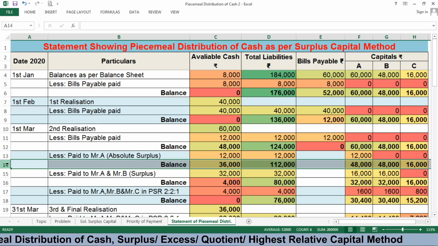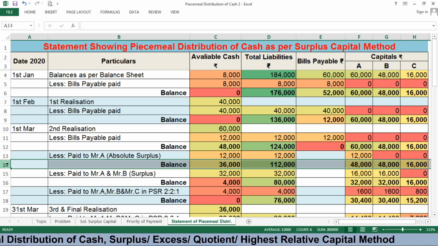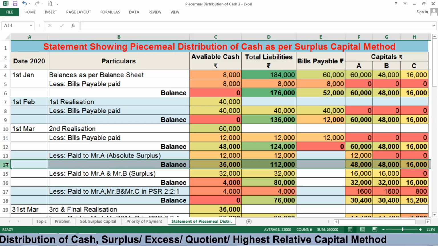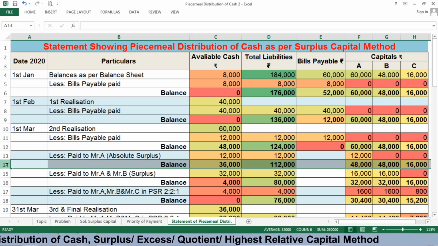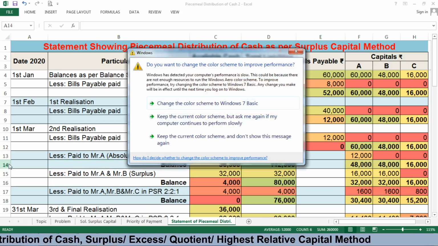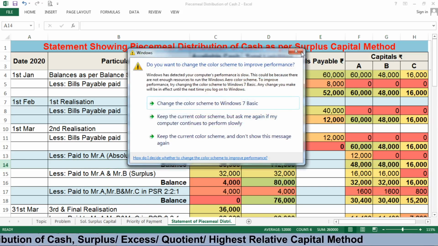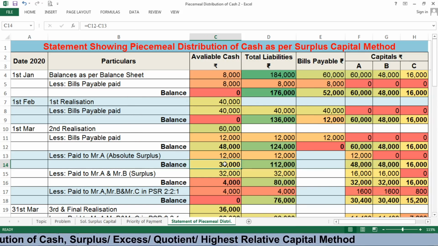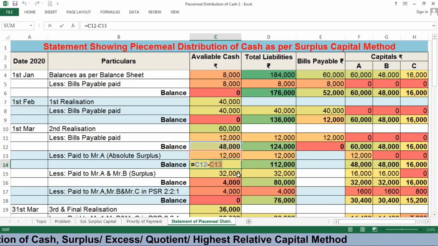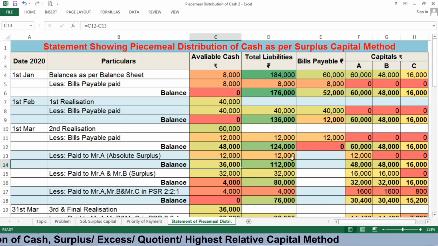We still have to pay 48,000 to A, 48,000 to B, and 16,000 to C, and we have cash of rupees 36,000. Here you can see the cash, we have 36,000 after the payment of absolute surplus.